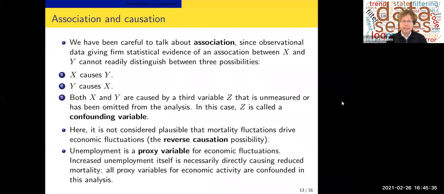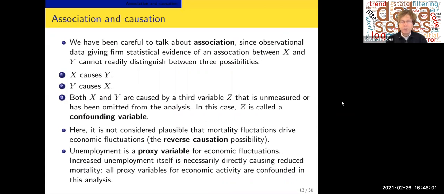Well, in this particular case, and in every data analysis, you need to use your reasoning about the subject matter, or your understanding of the subject matter, to try to make sense of the statistical results. And in this case, it's not considered plausible that mortality fluctuations drive economic fluctuations. That would be the reverse causation possibility.